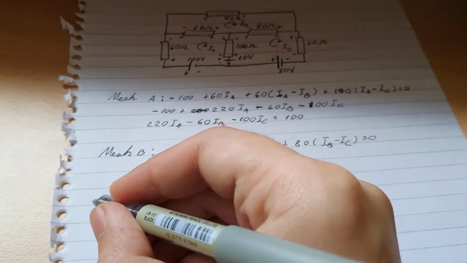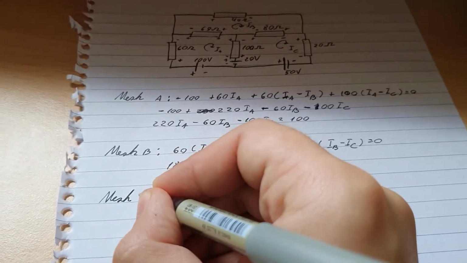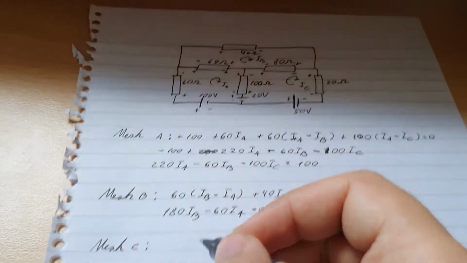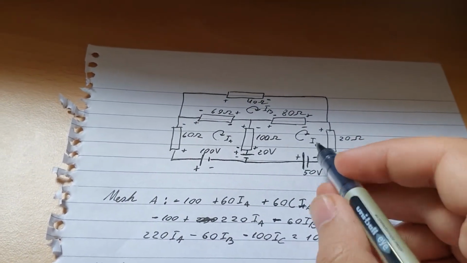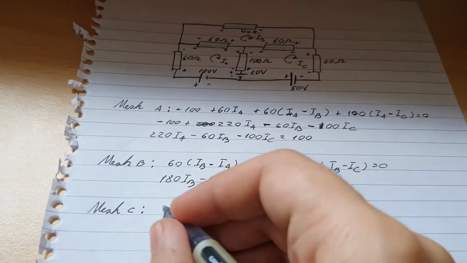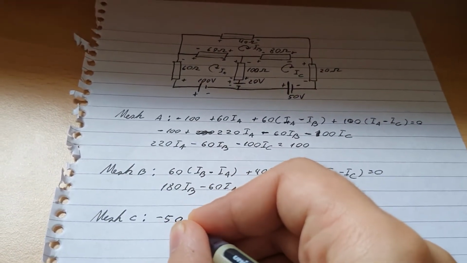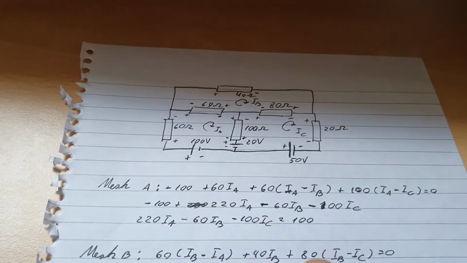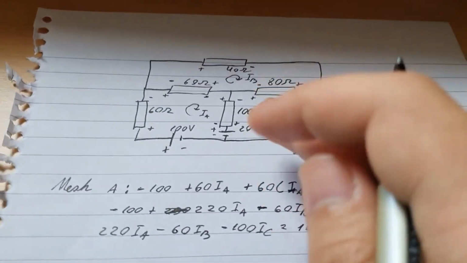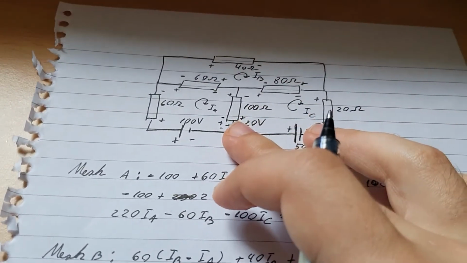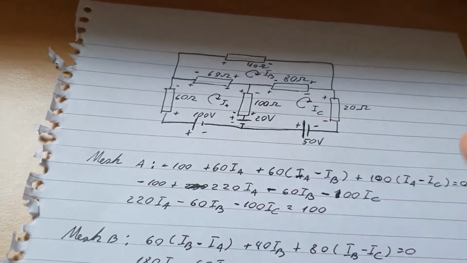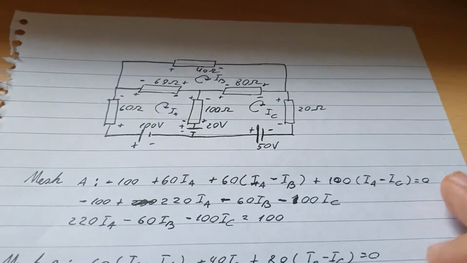So mesh C. We start from the voltage, so that will be with the minus, so it will be minus 50. Oh no, I realized that I made a mistake here. Basically I forgot to include the 20. That's very simple to resolve.